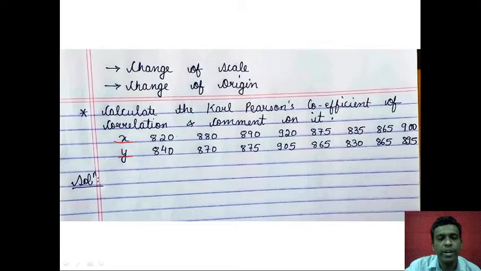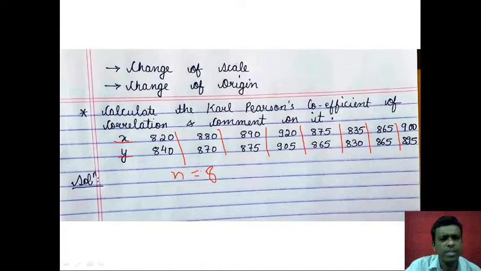So 820, 840, 880, 870, 890, 875, 920, 905 and so on. So we have various values, totally 8 sets of values, 1 2 3 4 5 6 7 8 values of x and 8 values of y. So n is equal to 8, because we have 8 sets of values.